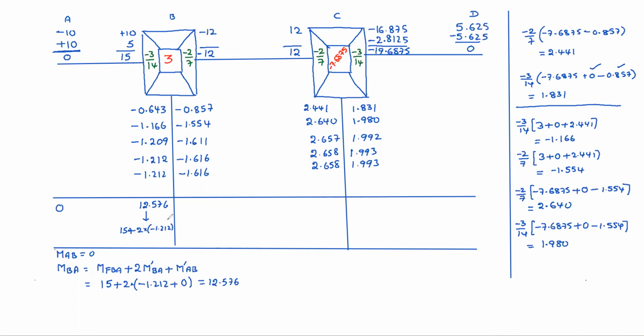Okay, plus 0. Okay, anyway. Similarly here for this, minus 12 plus 2 times of minus 1.616 and far end contribution plus 2.658, which is equal to how much?